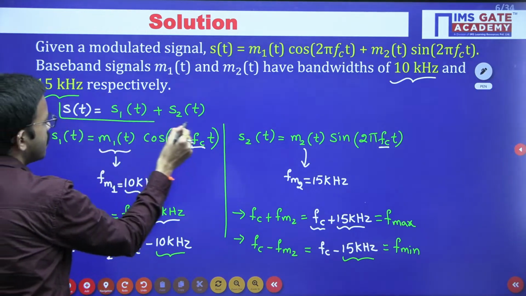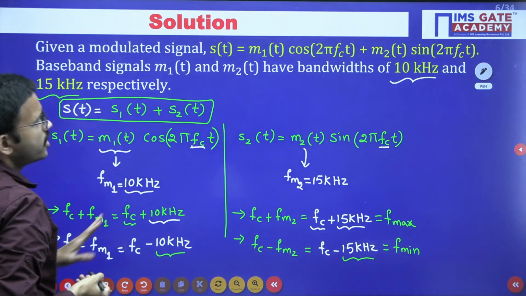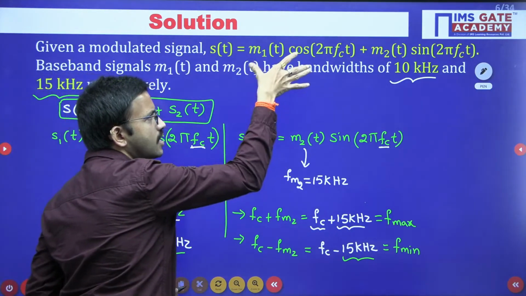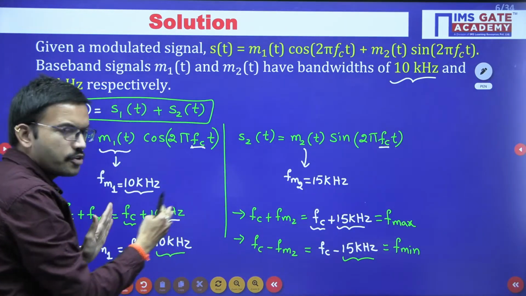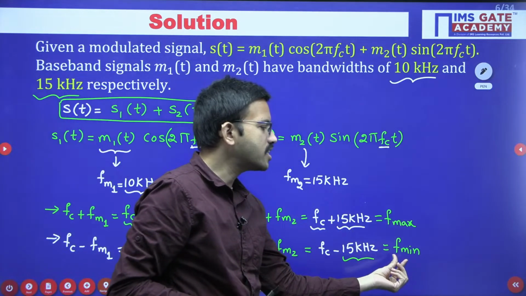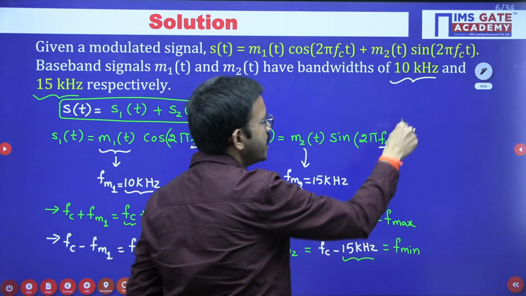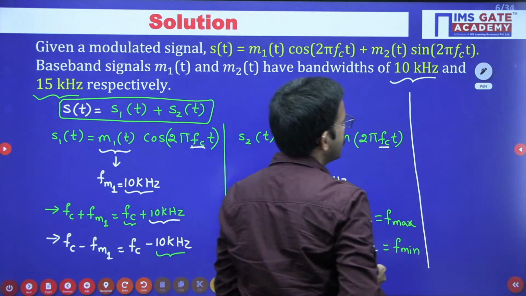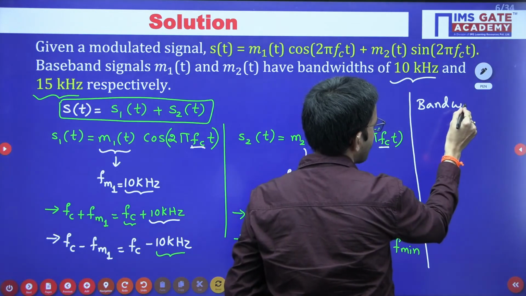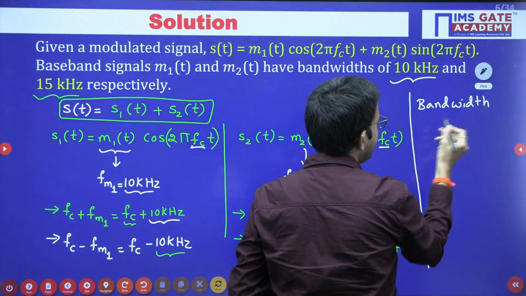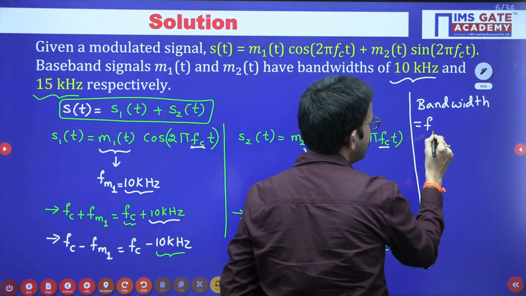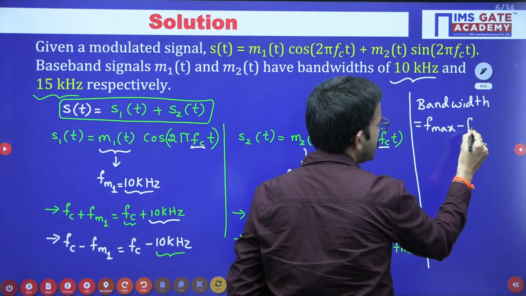Now the question is, for the given signal, we have to calculate the bandwidth. For the given signal, in total you are getting 4 frequencies, among which this is the maximum frequency and this is the minimum frequency. Now regarding bandwidth, among all the frequencies, whichever is the maximum you consider, minus whichever is the minimum.